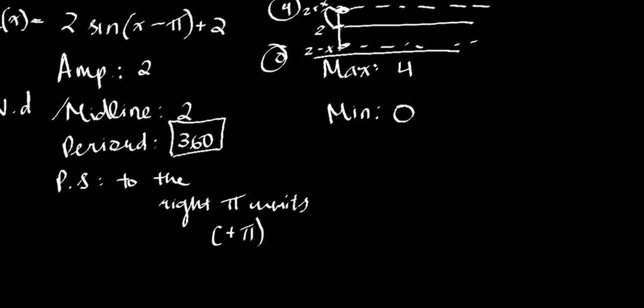So, guys, we know our maximum is 4 and the minimum is 0. So let's do it. 4 and this, let's say, is 0.